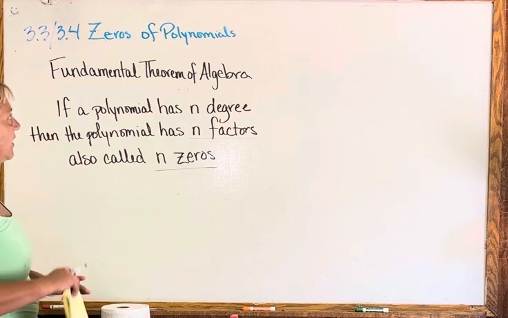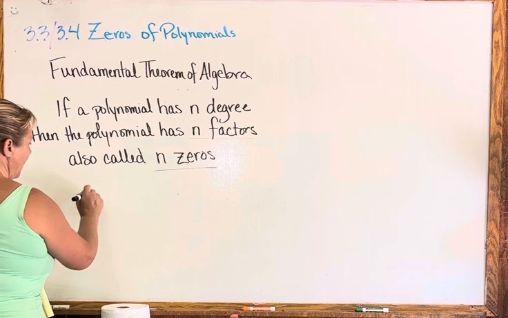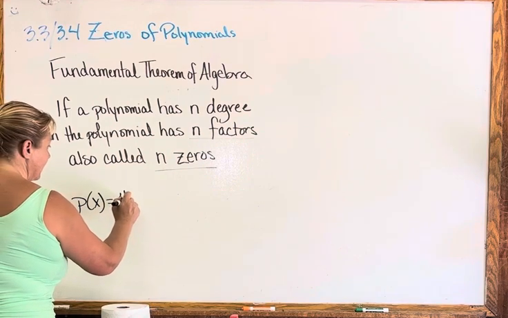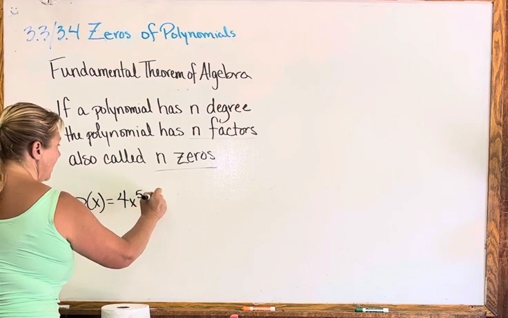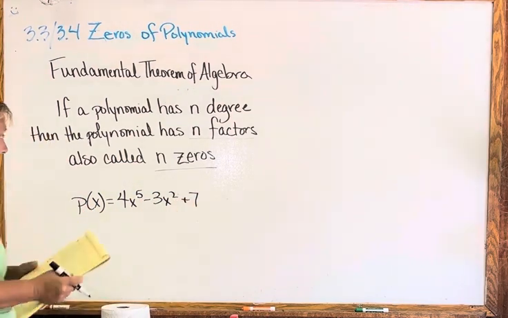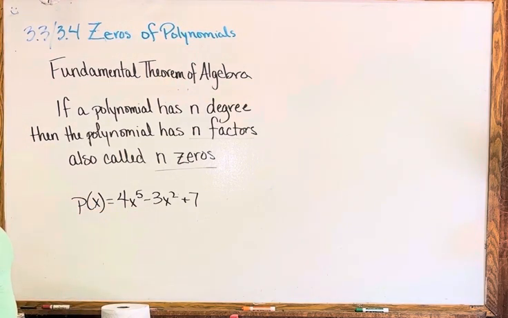So the fundamental theorem of algebra, and let's just write an example so you can see it. If p of x, and I'm just making this one up so it's probably not something nice, is 4x to the 5th minus 3x squared plus 7. Even though this one is missing a number of terms, that doesn't matter.